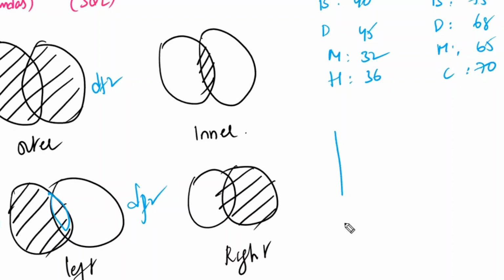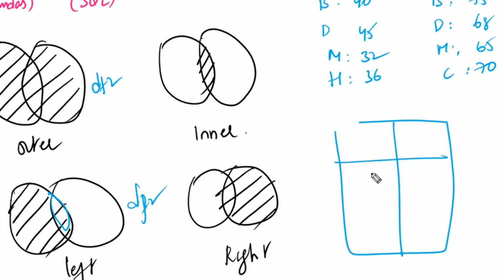So, temperature. For temperature, you have to write compulsory asterisk. Whatever is there here, asterisk: B, D, M, H, 40, 45, 32 and 36, right? First you complete that one. After this, whichever is common, merge means common.